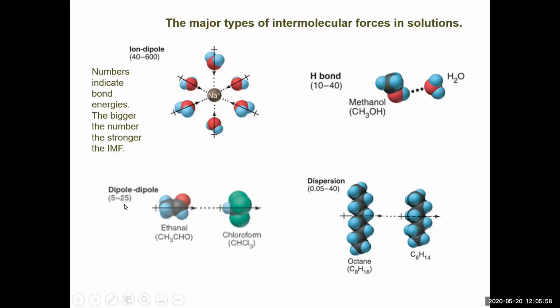So it's telling us how much energy it would take to break that force. And as you can see, ion dipole is a big range, but it's the strongest. Then hydrogen bonding, then dipole, and then London dispersion. There's a lot of overlap. You could have London dispersion that's stronger than dipole, but most of it on average is weaker.